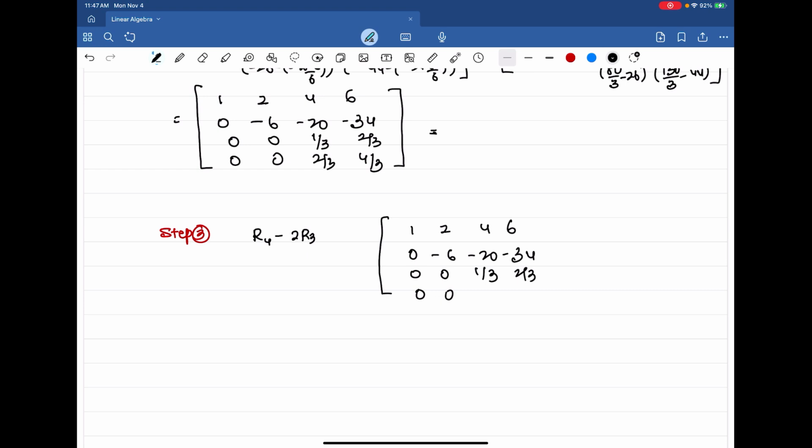0, 0. 2 by 3 minus 2 into 1 by 3, that is 0. 4 by 3 minus 2 into 2 by 3, that is 0. It is a very, very good result.